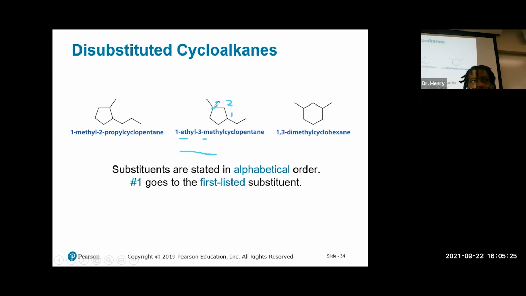That would give me high numbers. So you always want low numbers, right? Your 1 is always going to start on the one that's first in the alphabet, if they're all alkanes.